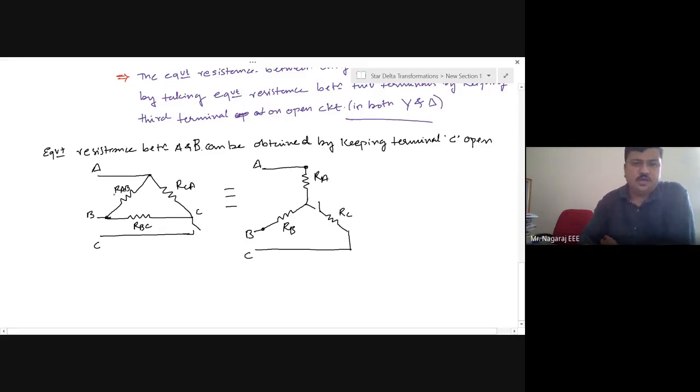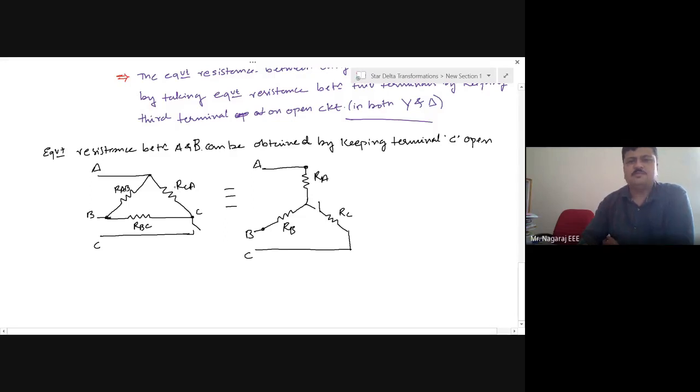Now what is R equivalent in delta? Observe, when terminal C is open, there is no current flowing in terminal C. So at point C there is no node formation between RBC and RCA.